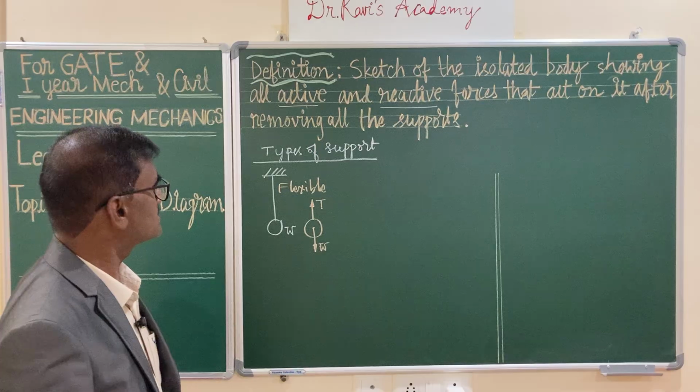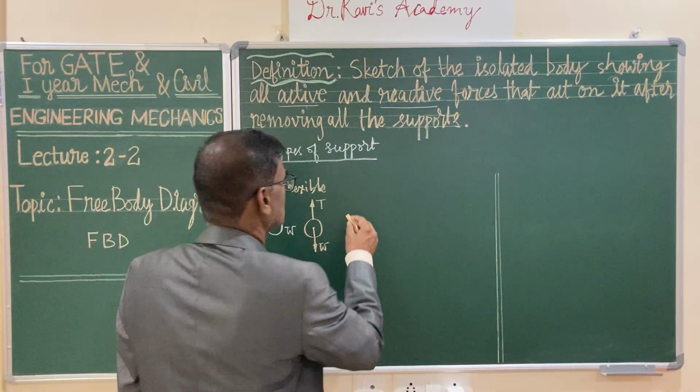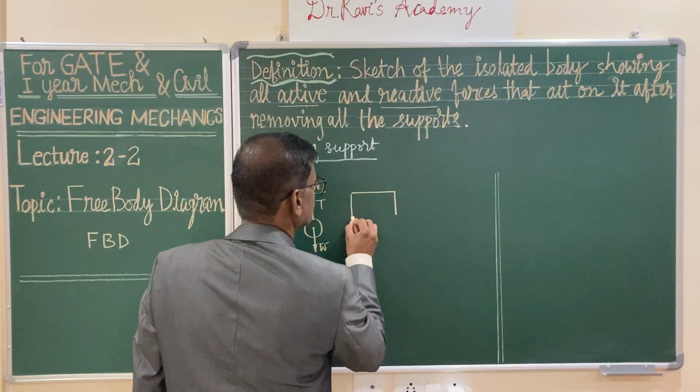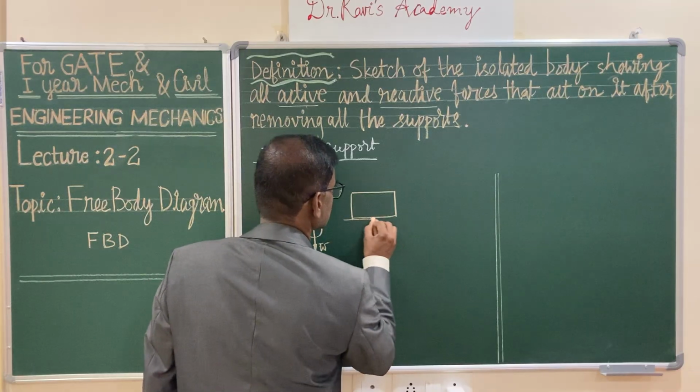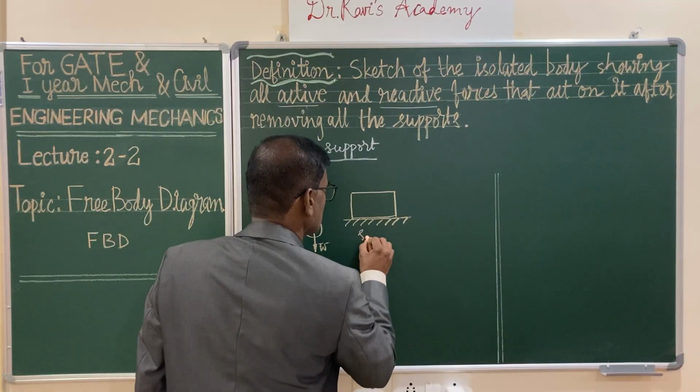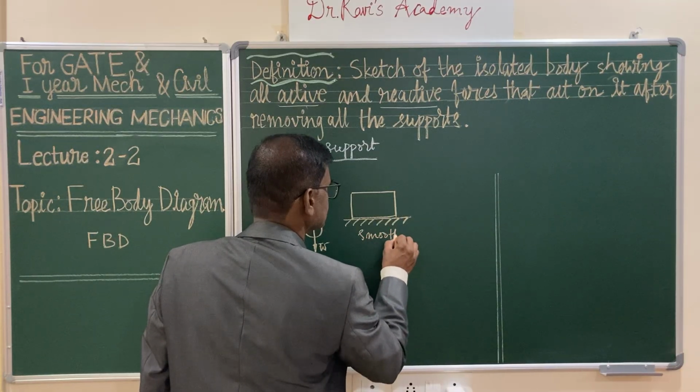And let us consider a smooth surface. A block is resting on a smooth surface. So this particular surface is said to be a smooth surface.